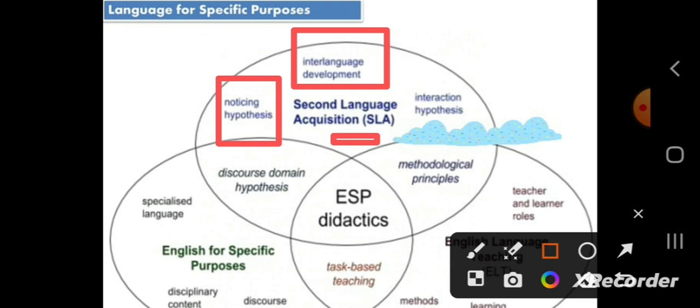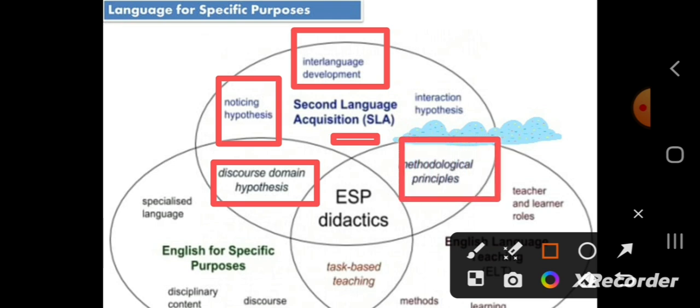Discourse domain hypothesis suggests that language learning is influenced by the specific discourse domains, the contexts in which language use occurs. Methodological principles: guidelines or strategies used in language teaching to facilitate effective learning.